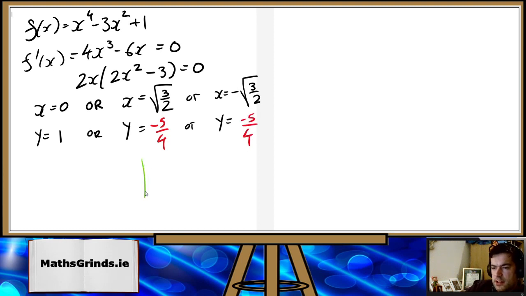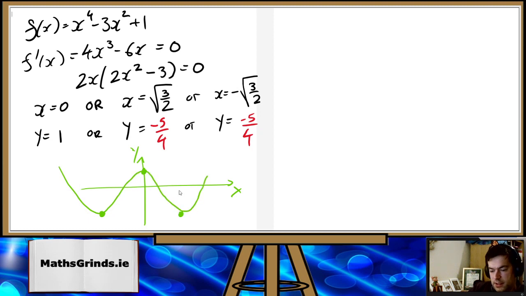So if I draw that now, 0, 1 would be like here, and then the next one, root 3 over 2 minus, would be there, and then there'd be another one here, and so it has to be going like this.